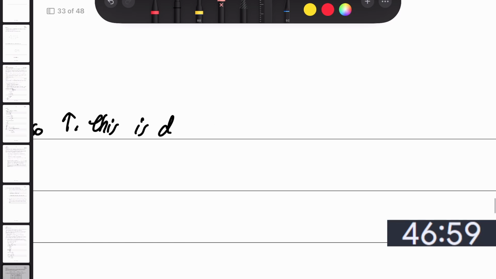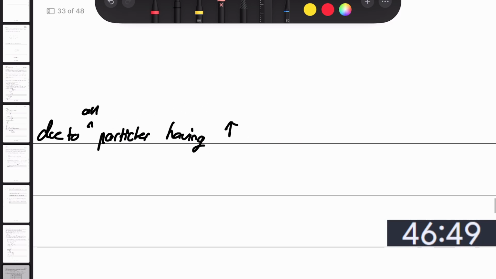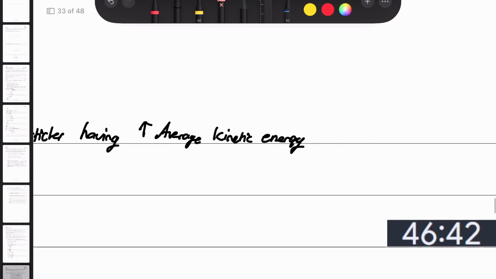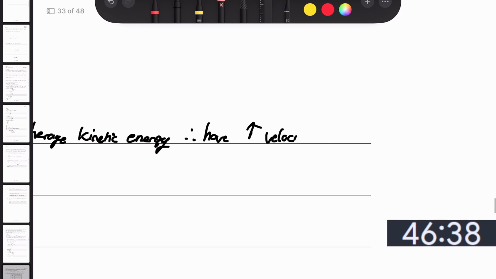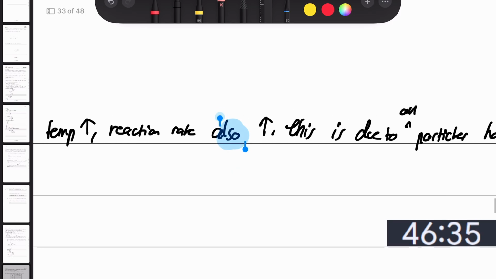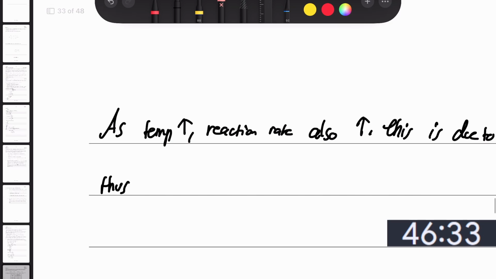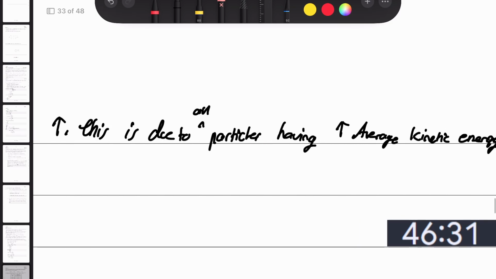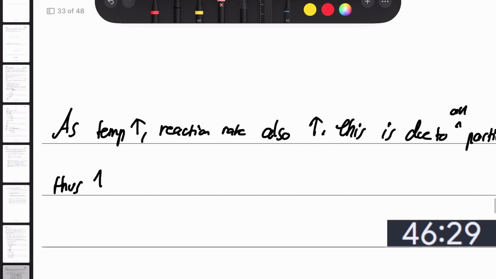This is due to all particles having higher average kinetic energy, therefore having higher velocity, thus increased frequency of reactions.